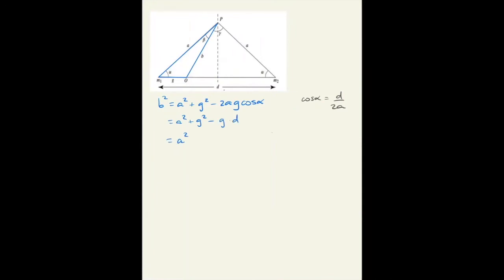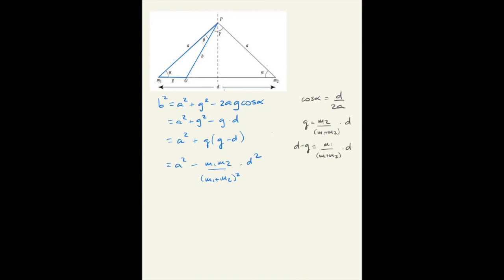Now you can extract g from this, becomes g times g minus d, and substitute here now the expressions that we found for g, which is m2 over m1 plus m2 times d, and the expression for d minus g, which is m1 over m1 plus m2 times d. So this expression then becomes a squared minus m1 m2 over m1 plus m2 squared times d squared. And this is exactly what we're trying to prove.